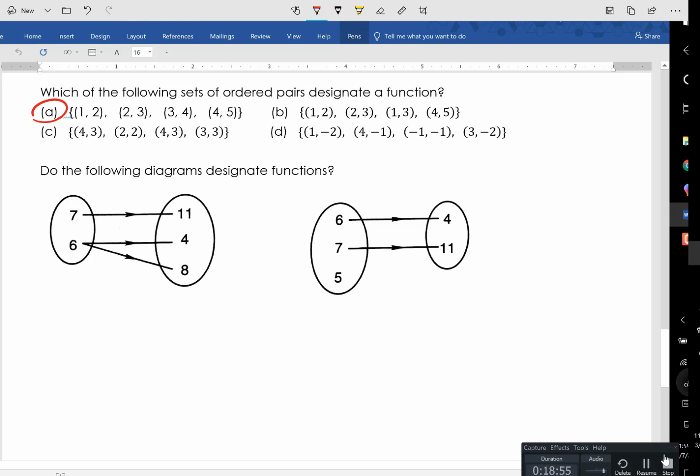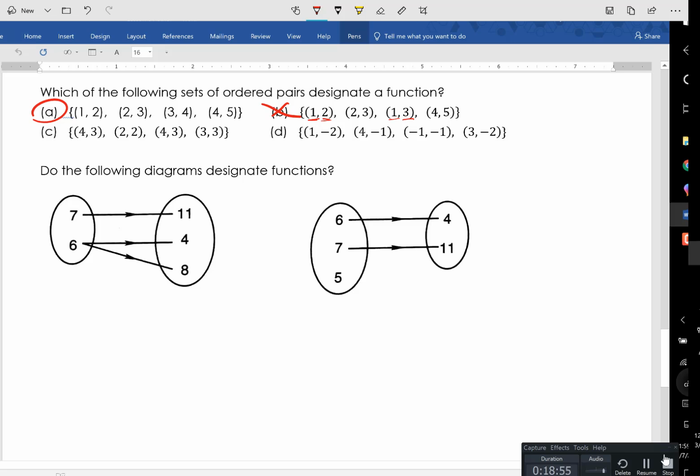Look at B. 1 maps to 2, 2 maps to 3, 1 maps to 3. That means that 1, that member of the domain, is mapping to two different members of the range. So 1 maps to 2 and 3, so that's not okay. That's not a function.